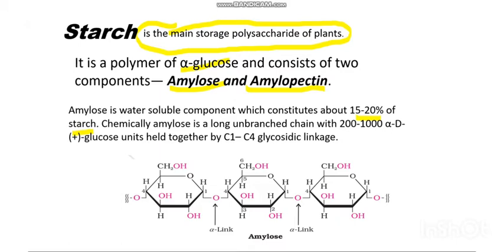Amylose is a long unbranched chain, and the individual glucose units are held together by carbon 1 and carbon 4 glycosidic linkage.